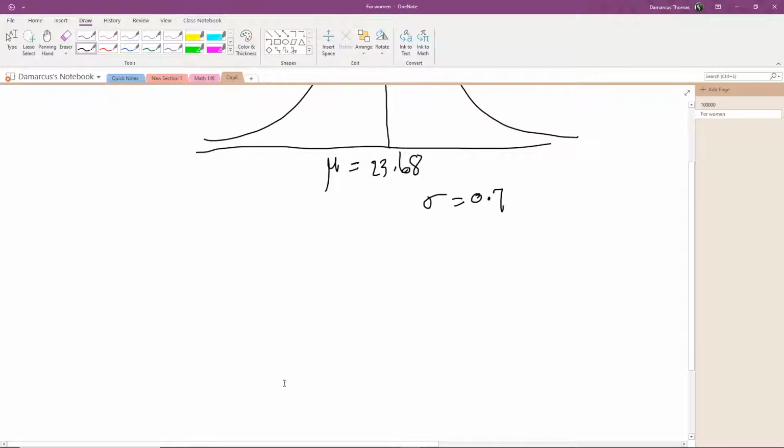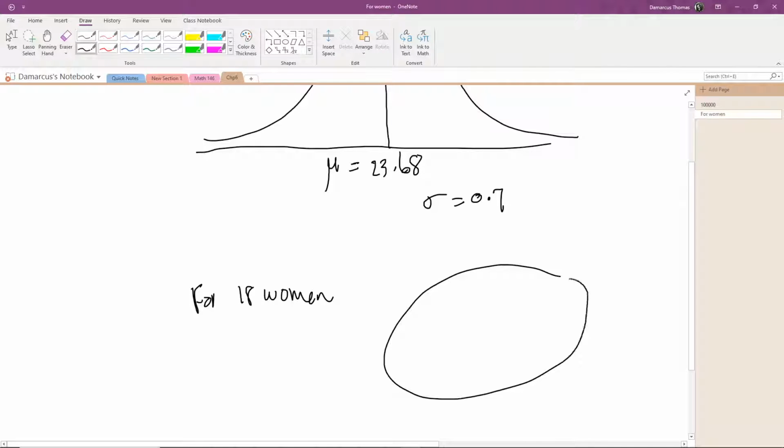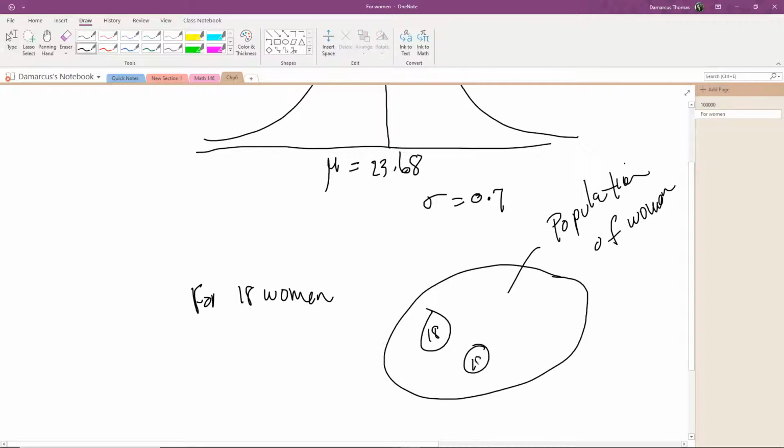So for 18 women, what we have to do is look at the population of women, and then we choose a sample of 18, and another sample of 18, and another sample of 18, and another sample of 18, and another sample of 18.